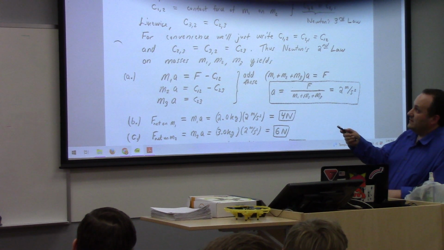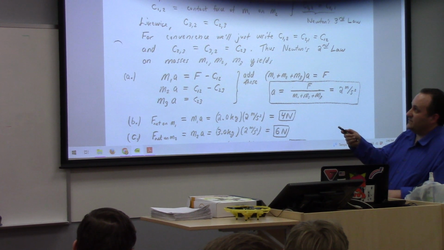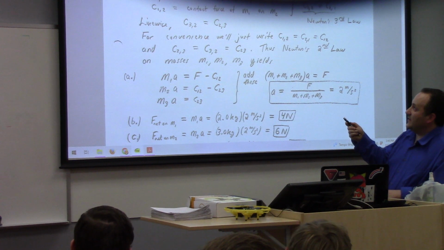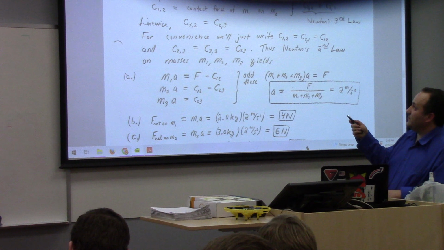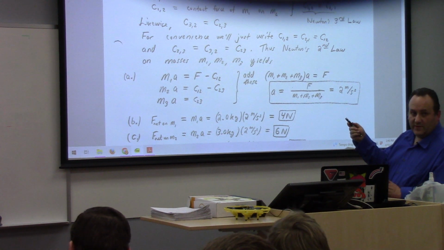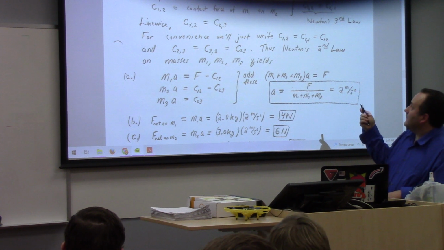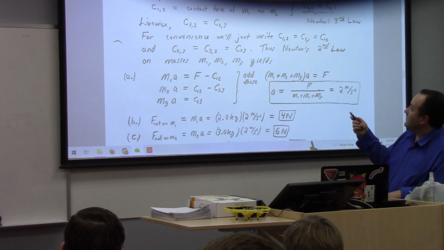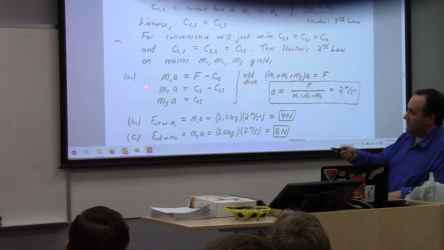On the first one, you've got the contact force of 1 on 2, the 1-2 contact force to the left, the pushing force to the right. Then the middle block, you've got block 1 pushing on block 2, but you've also got block 3 pushing back, right? There's no external force on that. It's just the force of the other 2 blocks pushing. And then for mass 3, you've just got the contact force of 2 on 3. So there you go. Those are your Newton's laws for the 3 masses.